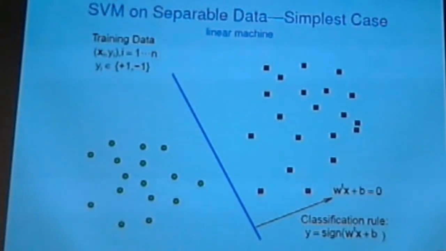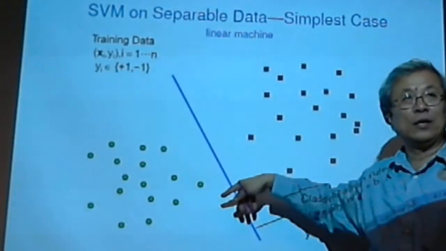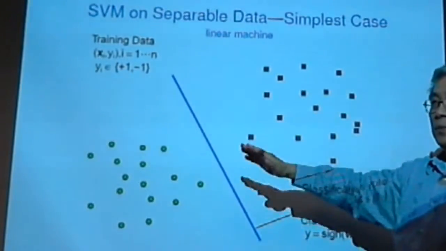The two classes of observations can be completely separated by a straight line. So let's suppose you have a straight line separating these two groups.